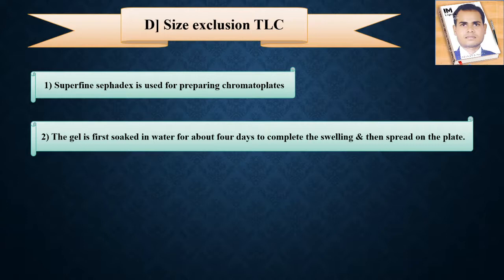The gel is first soaked in water for about 4 days to complete its swelling, and then spread on the plate. So this is a time consuming process: we have to add the Sephadex into the water so that water will be adsorbed into it, keep it for 4 days, and then make the plate, right? Simply we have to make the fine layer on the plate.